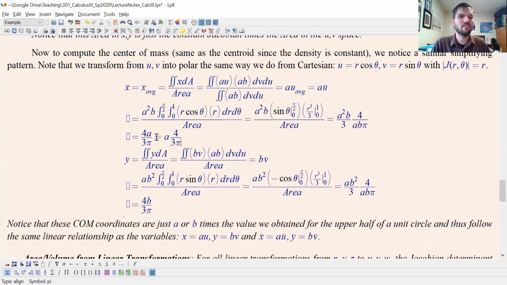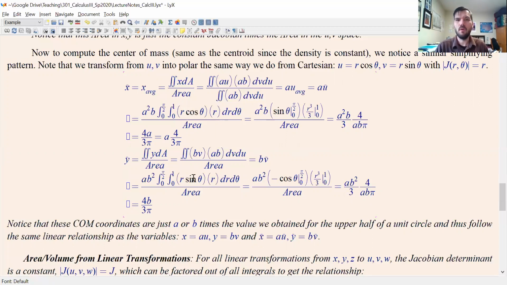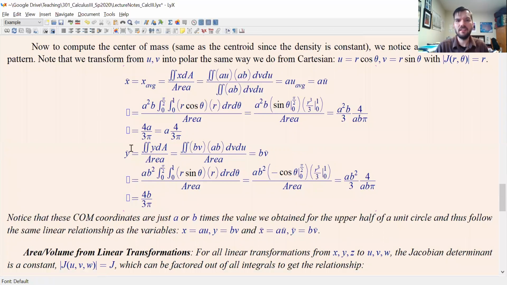That was the center of mass location we had on an upper unit semicircle, right? That's the y bar value we had before. And so we've seen that before. It's not unexpected, and we could use it. If we have that information done already, we can utilize it to calculate this new value as we change over to an ellipse. Y bar is similarly calculated.